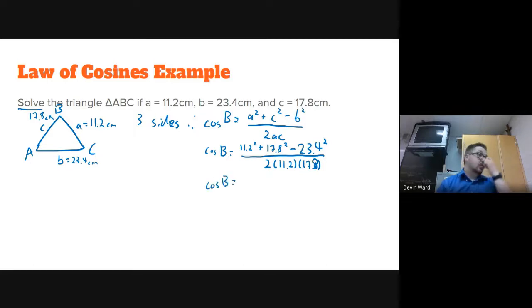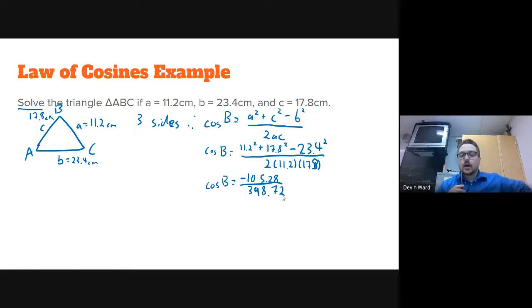Cosine of B equals negative 105.28 all over 398.72. Okay, is it okay if we get negative there?